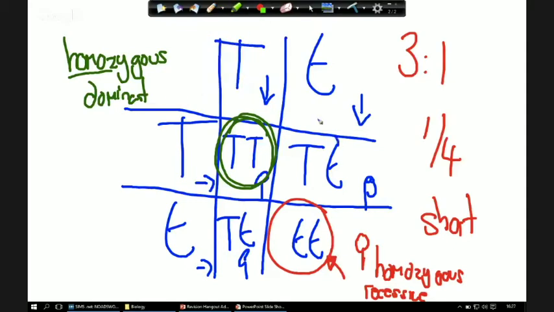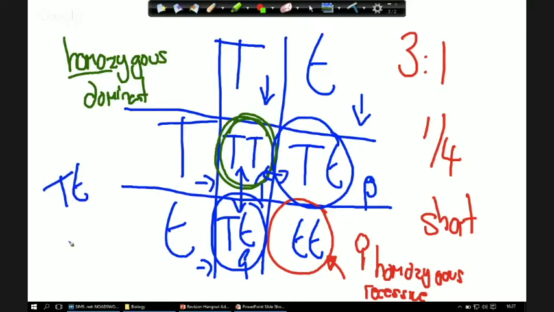And we then have 2 other tall plants. So we've got a total of 3 tall plants in total. But these 2 were big T, little t. They were heterozygous, but they were still dominant because the dominant allele was winning.